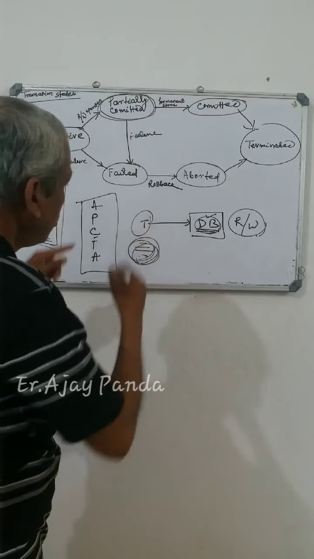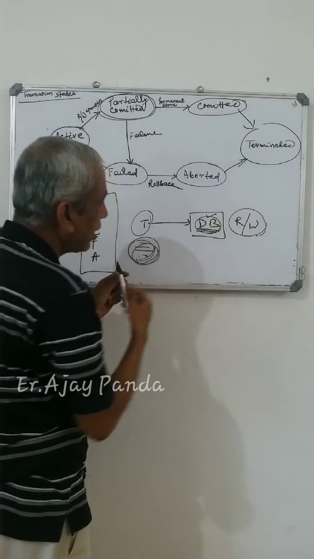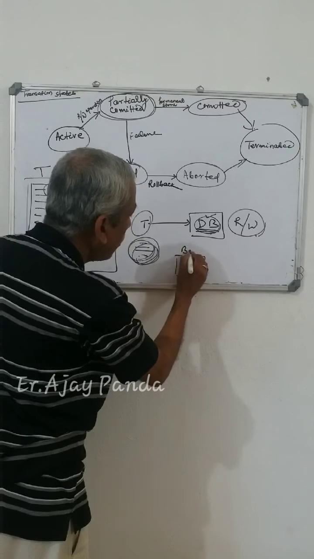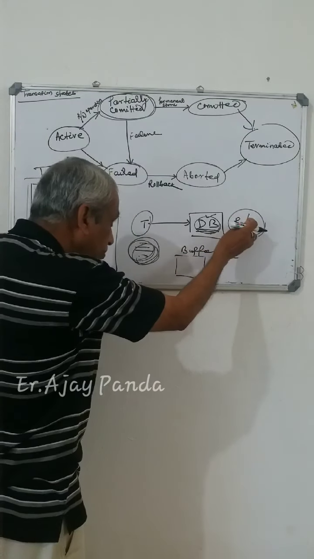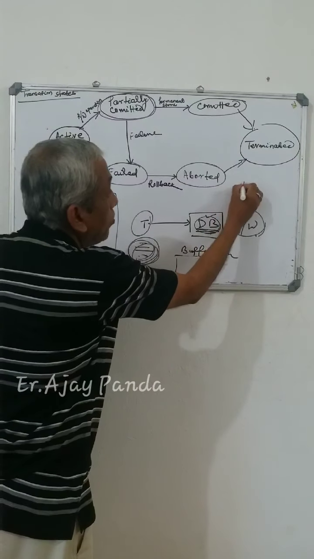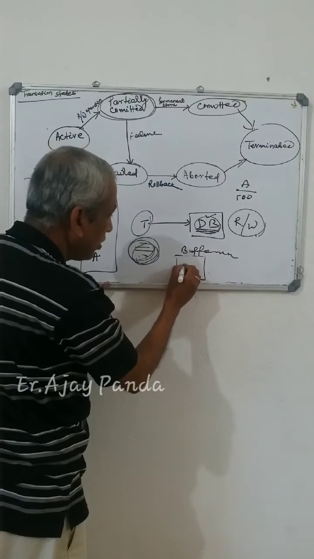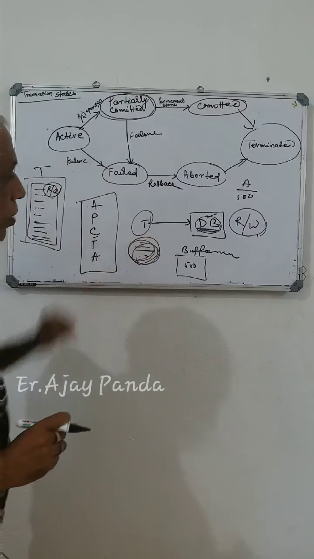What is that? Whenever we read some data from the database, it will be stored onto the buffer memory. Some data is read from the database to the buffer memory. Like the previous example, A is 500 rupees. That means 500 is to be stored onto the buffer memory. That is the read operation.